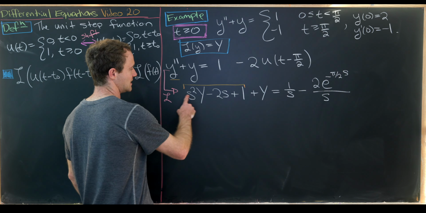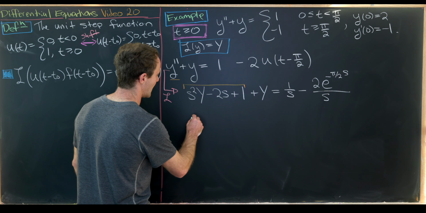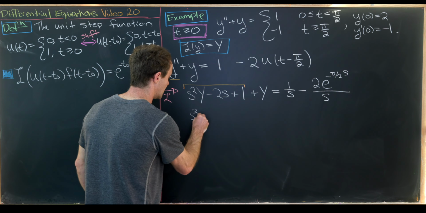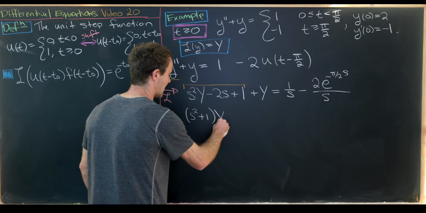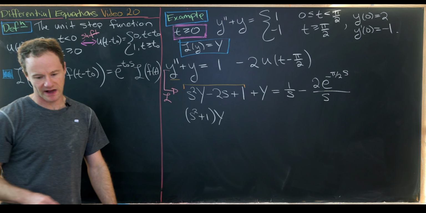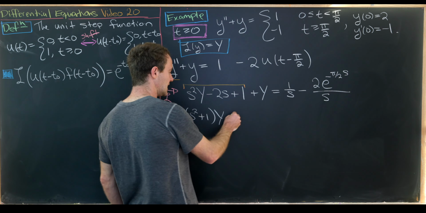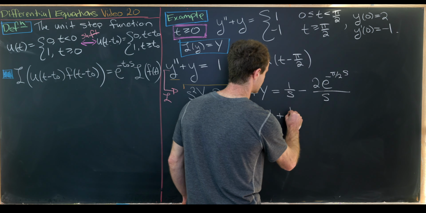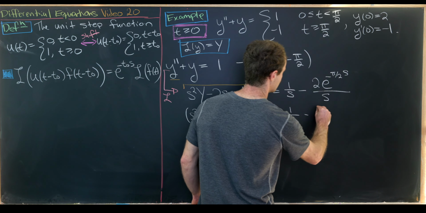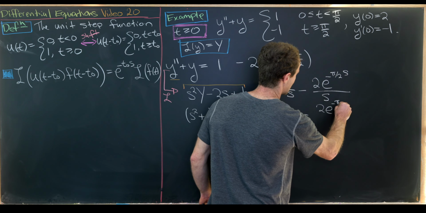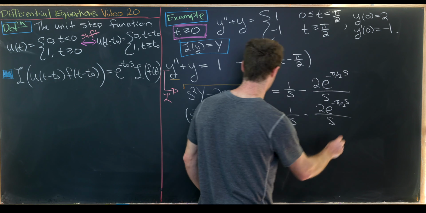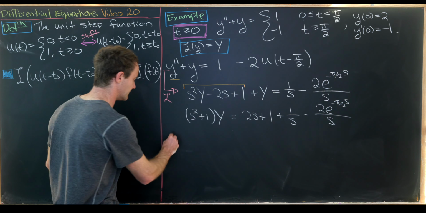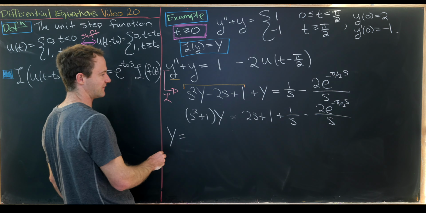Now we can maybe move some things around. We'll have something like this: s squared plus 1 times capital Y, factoring the capital Y out, equals, let's see, 2s plus 1 over s, and then minus 2 e to the minus pi over 2 s over s. So we have something like that. Okay, so now we'll divide by s squared plus 1 and we'll have the following.